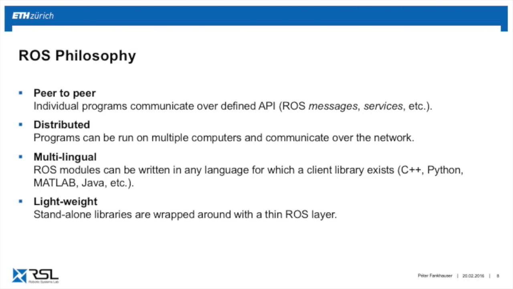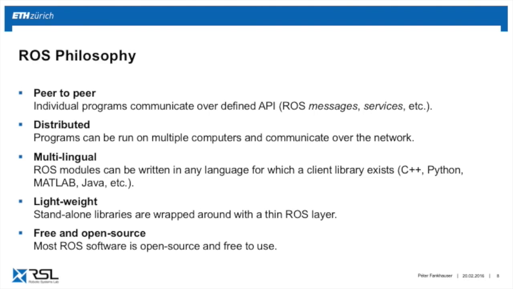The idea is that you take existing standalone libraries and wrap them with the ROS layer such that you enable existing algorithms to communicate and work together with other tools on your robot. And finally, ROS is great because it's free and open source. So to the very core, you can dive in and check for things. And if you find a bug, you can file an issue or actually fix it yourself and do extensions of ROS.